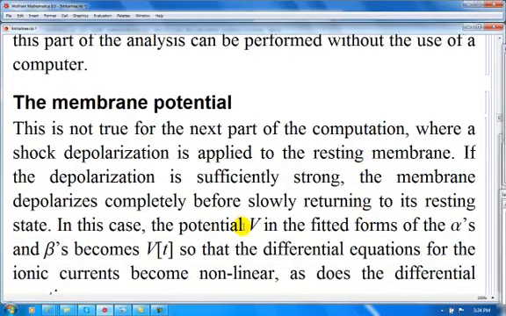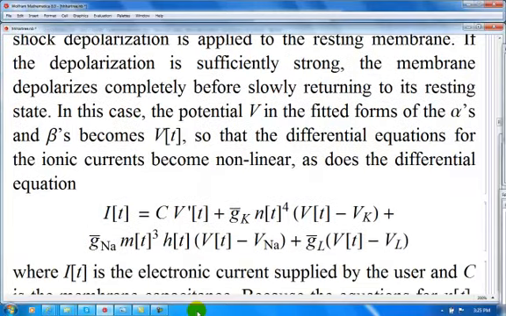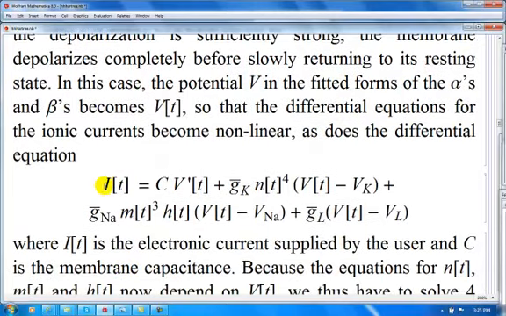In this case, the potential V in the fitted forms of the alphas and betas becomes V of t, so that the differential equations for the ionic currents become nonlinear, as does the differential equation I of t equals the capacitance times the temporal derivative of the potential times this.